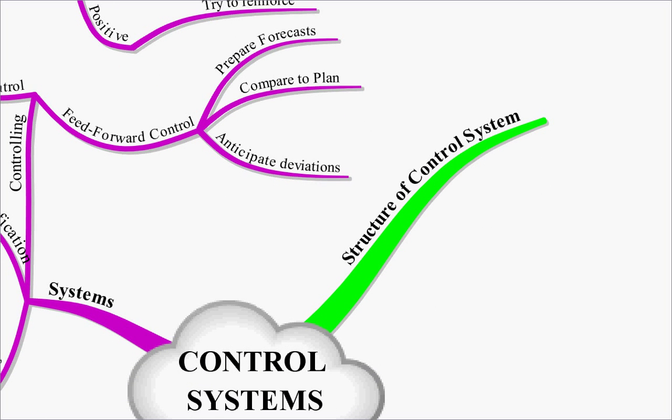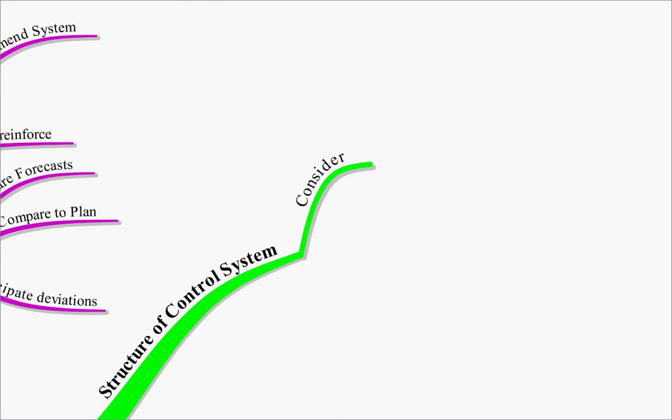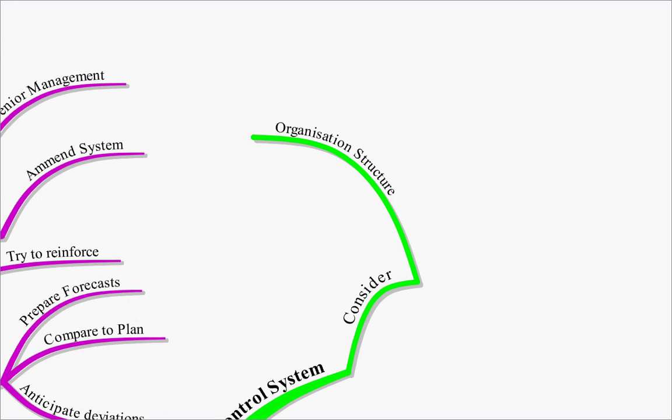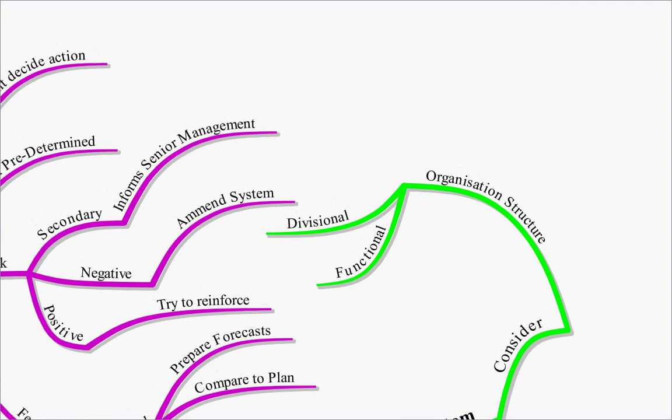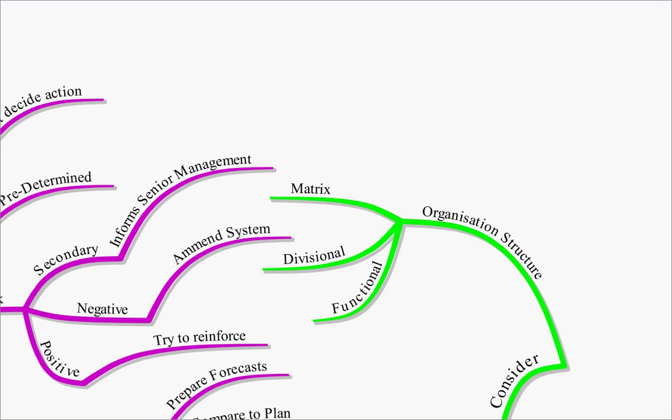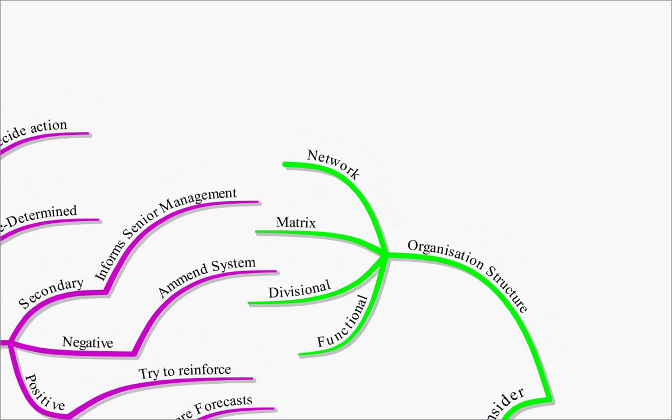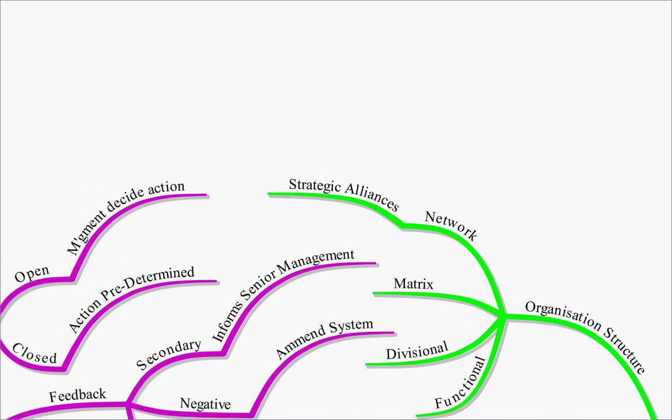We then need to look at the best structure of a control system, or things that we need to consider when we're looking at a control system to make it effective. So firstly we consider the organisational structure. You'll know from your previous studies that you can have a functional structure, a divisional structure, a matrix structure which combines those two, or a network which involve things such as a strategic alliance.